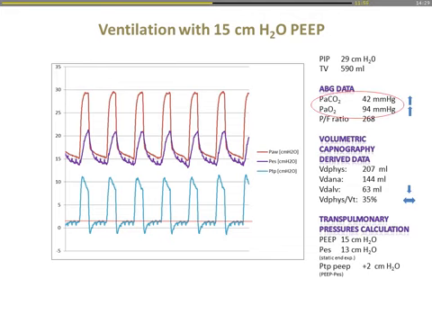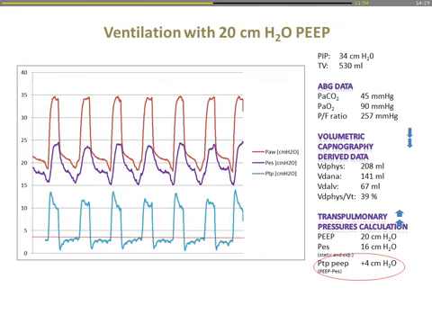So then the next step, we went up with PEEP to 20, and as you can see, there was a decrease in the oxygenation data, and there was a clear change in the alveolar dead space, and we ended up finally with an end expiratory pressure of +4.